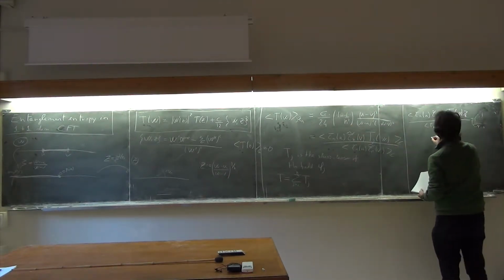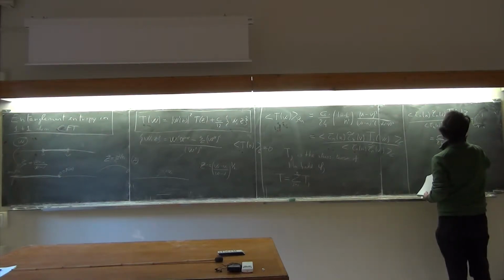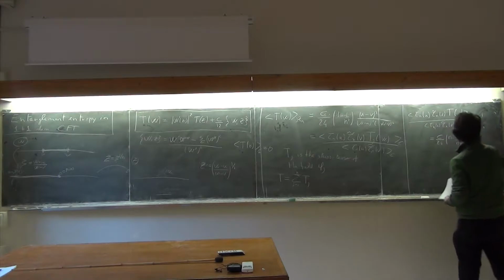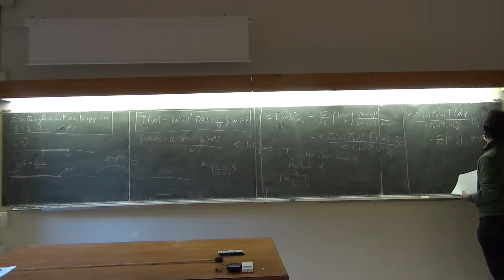So it is c over 24, n minus 1 over n, (u minus v) squared over (w minus u) squared (w minus v) squared.